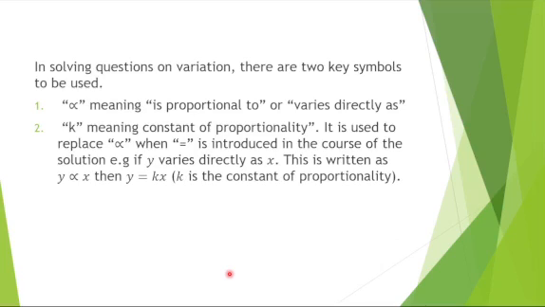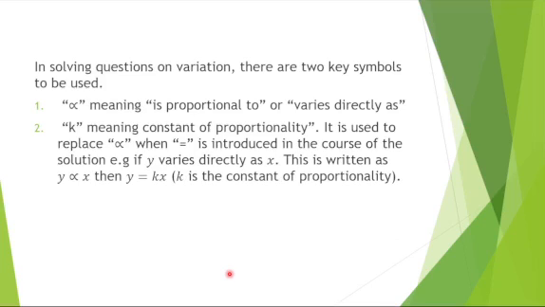That happens because variation is not an equation. So you can't just go ahead and solve it. You have to convert it to an equation. And in doing that, you introduce the equal to sign and remove the proportional sign and put k, which means constant of proportionality. So let's see an example of how variation is written.